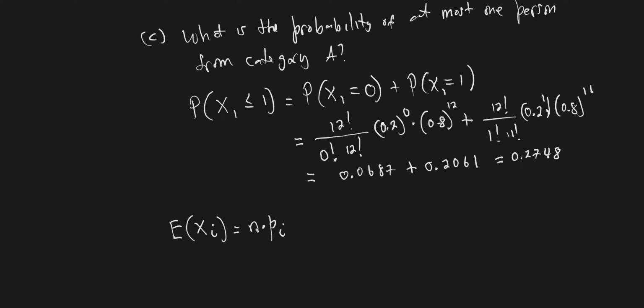This makes sense. If you're going to perform the experiment n times, and this particular random variable has a probability of p sub i of occurring, then you'd expect roughly that proportion of your experiments to end up occurring in that particular event. And then the variance is the same as for the binomial: n times p sub i times 1 minus p sub i.